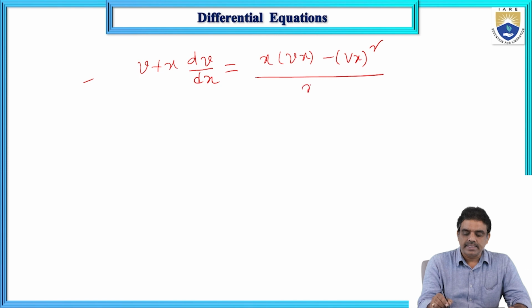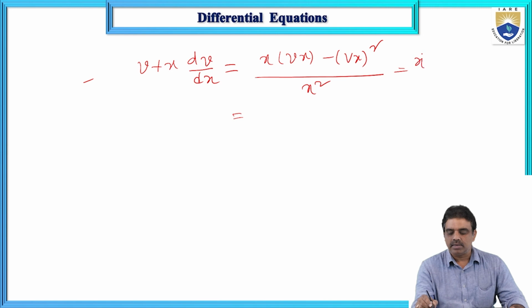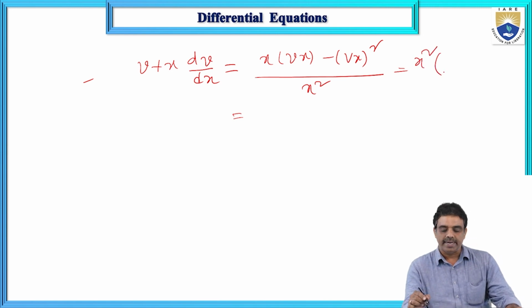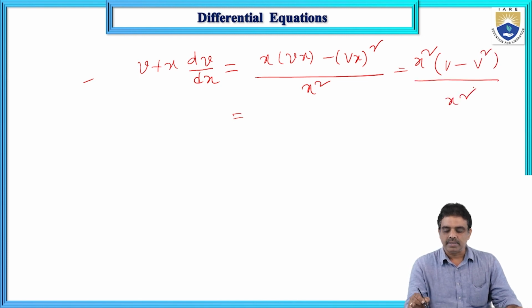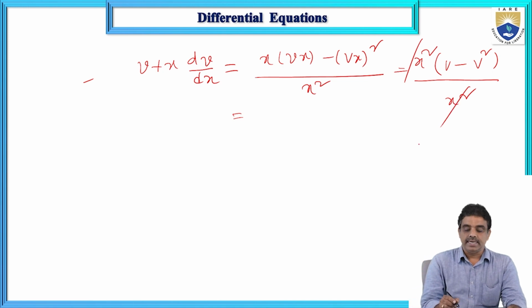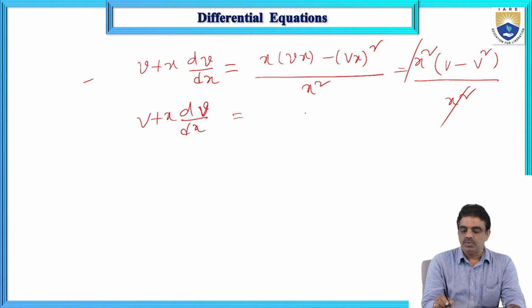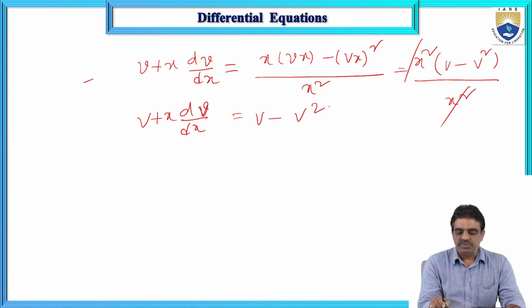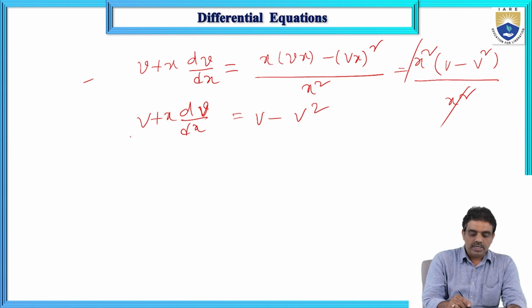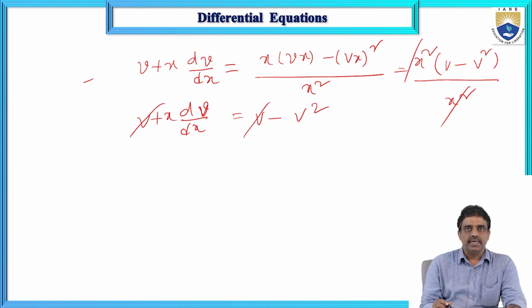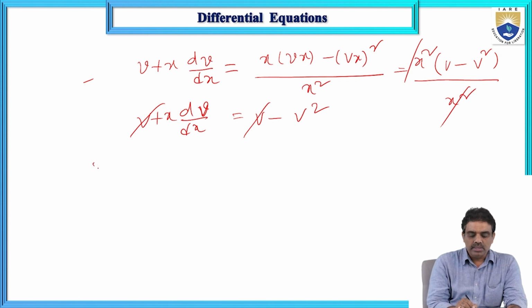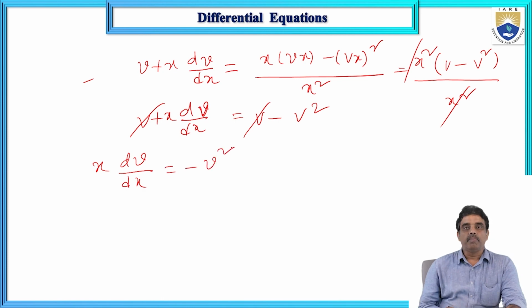I can take x square common from the numerator, then it is (v minus v square) by x square. So x square gets cancelled. V plus x into dv by dx is equal to v minus v square. Now plus v on both sides cancels out. Then the equation will be x dv by dx is equal to minus v square.